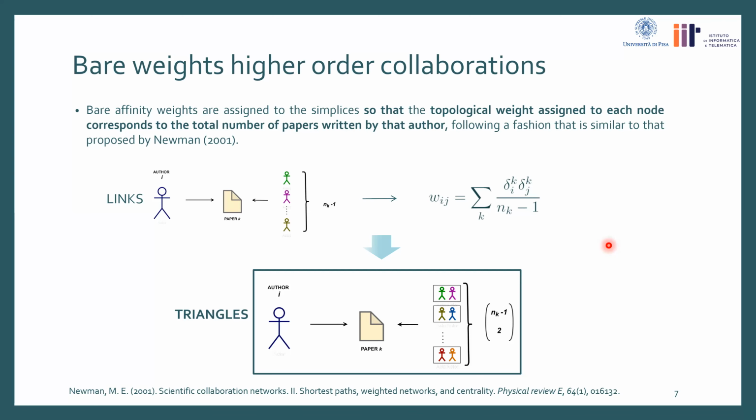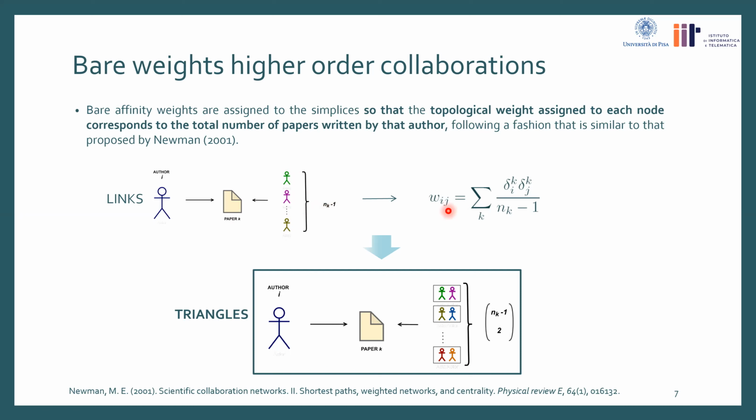The idea is to choose these bare weights following the idea proposed in 2001 by Newman, who suggested a very widely adopted convention for weighting collaborations. So the original reasoning that Newman made was this one: an author of a paper with n_k authors shares his collaboration equally with all the remaining n_k - 1 authors.